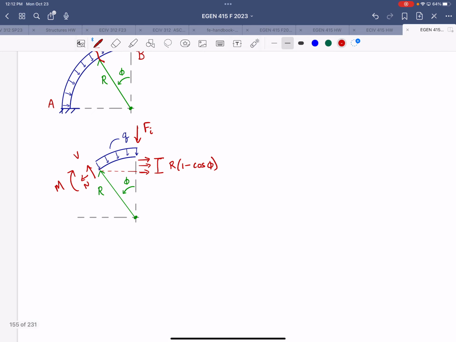And then we would have the vertical component of that force acting over the horizontal projection of the portion of the circle that we're looking at here. And this distance would be that moment arm for Fi, r sine of phi. Phi, not theta. Okay.